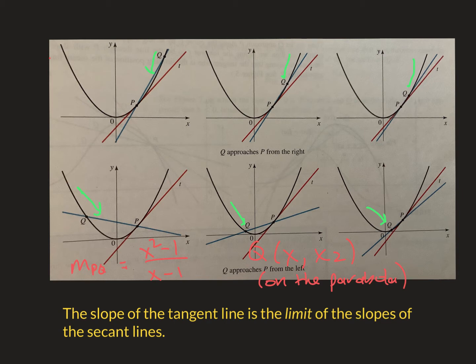We're talking limits again. Okay, so here's the deal. The slope of the tangent line is the limit of the slopes of the secant lines. So as we approach point P with point Q to the right and to the left, the slope of the secant line gets closer and closer and closer to the slope of the tangent line. So that's what we want to find, the slope of the line.